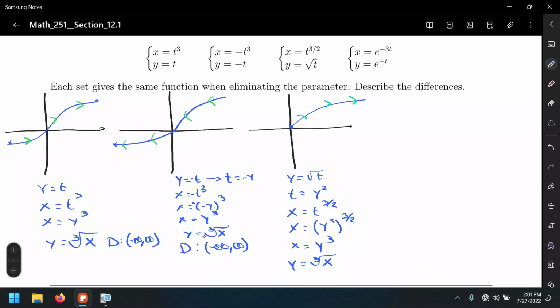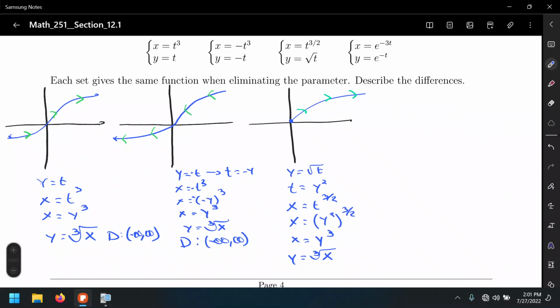This cube root of x is coming from a different parameterization, which is the same graph but having a particle going in a different direction. In this third case, we have this same cube root of x, but it's a different parameterization, and in particular, this parameterization has a restriction.